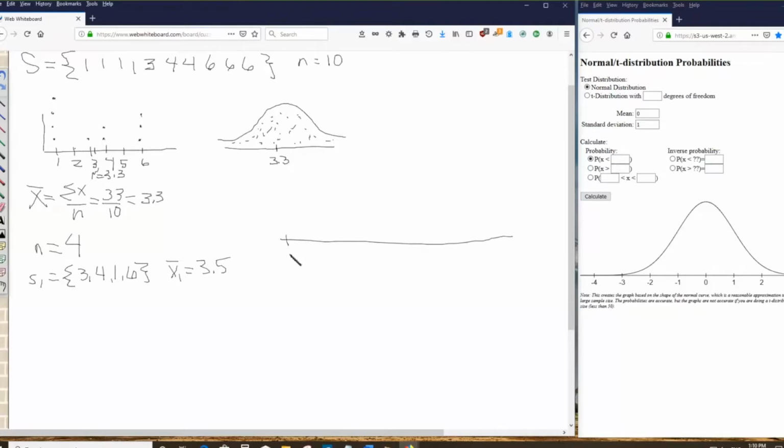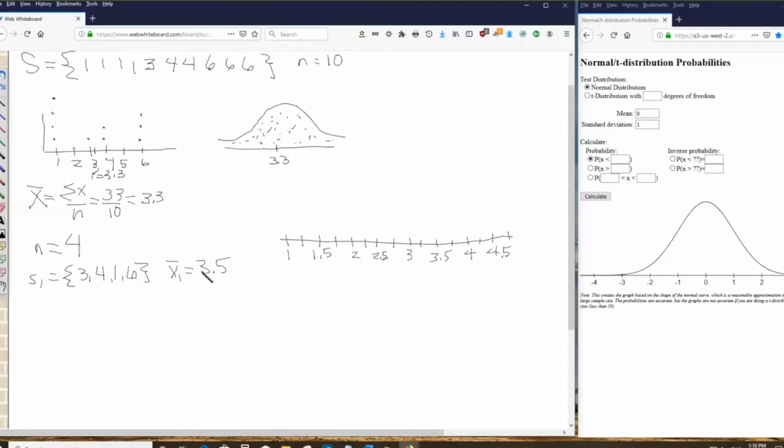If I had 1, 1.5, 2, 2.5, 3, 3.5, 4, 4.5, we'll go to there.